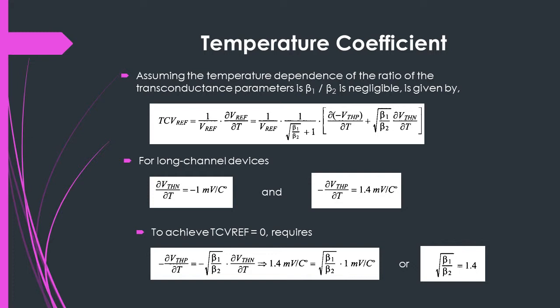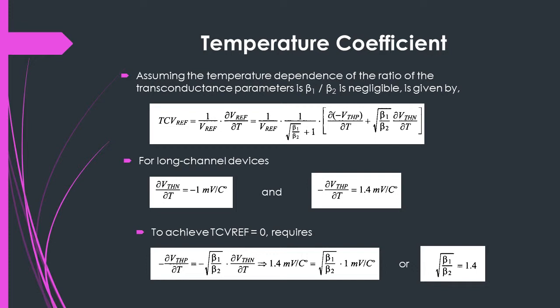We can determine the change in voltage with respect to the change in temperature by the given equation for long channel devices: dVTHN/dT is equal to negative 1 millivolt per degree Celsius, and negative dVTHP/dT is equal to 1.4 millivolt per degree Celsius.